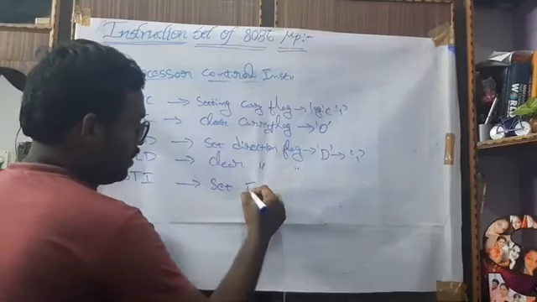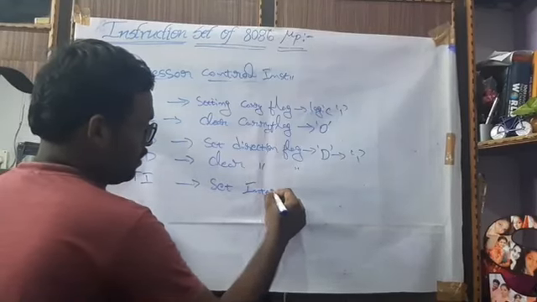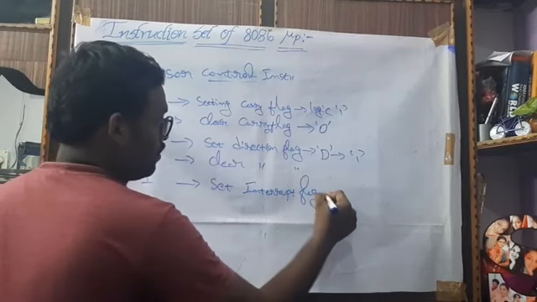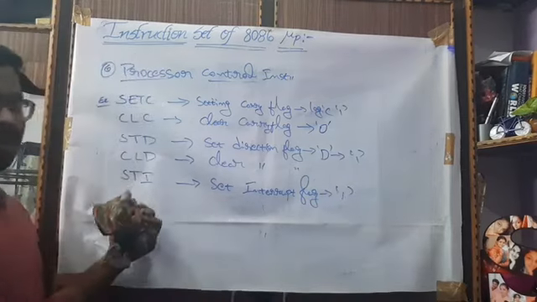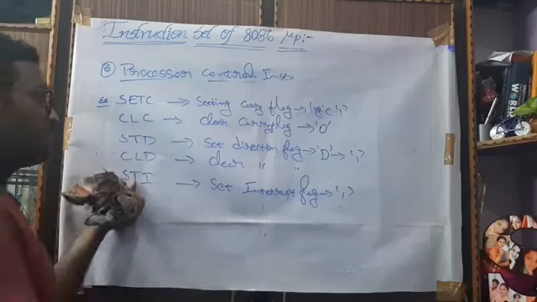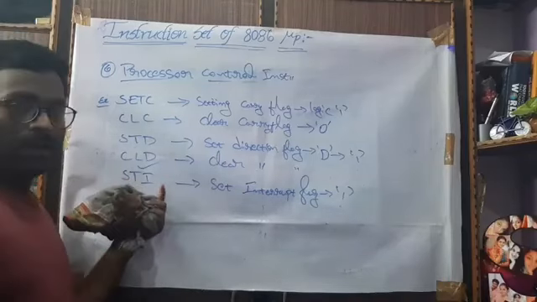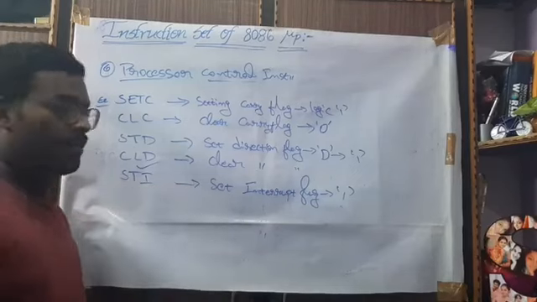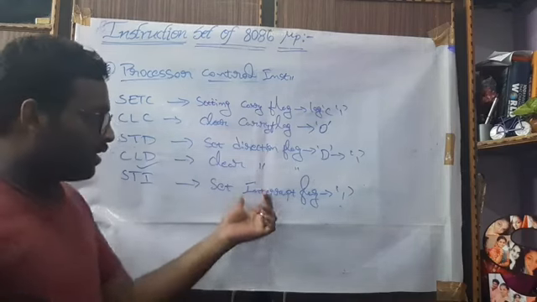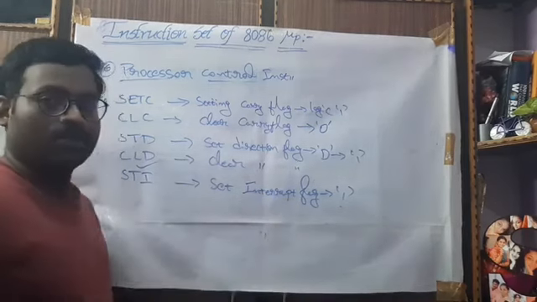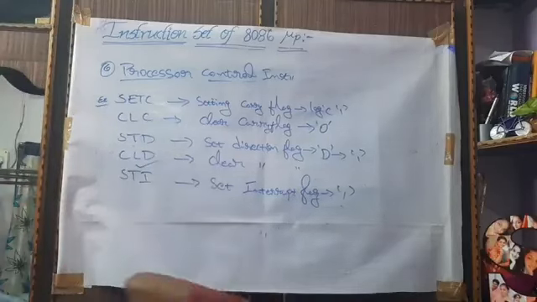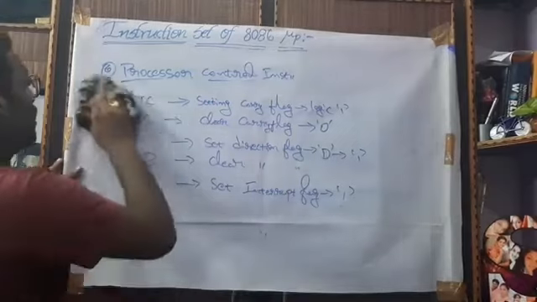If this instruction is present in the sequence, we are setting the interrupt flag in the execution sequence. Okay, this is about processor control instructions.